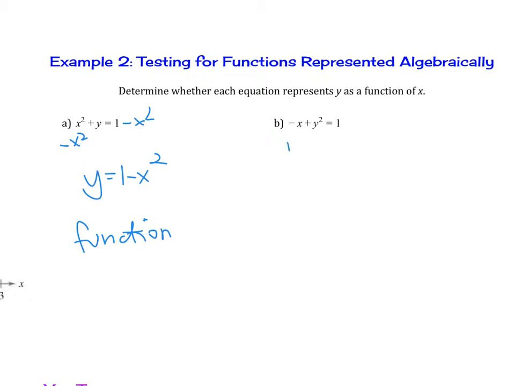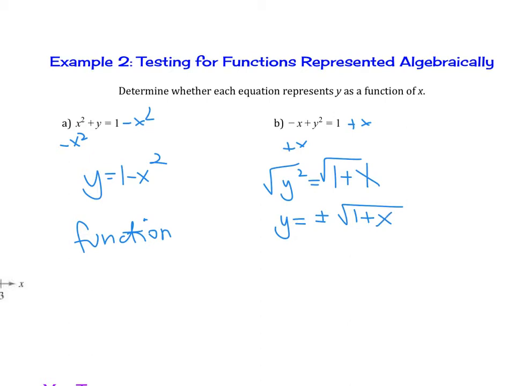Let's try letter B. We're going to add x to both sides. We get y squared equals 1 plus x. And if we take the square root, we're going to get y equals plus or minus the square root of 1 plus x. Because there's a plus and minus here, there are two values of y whenever you plug in an x.